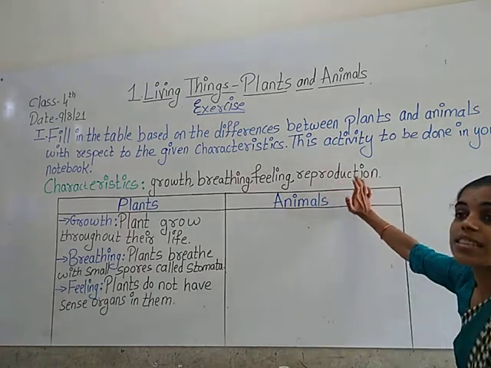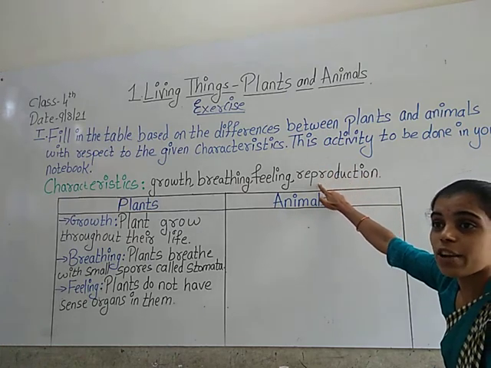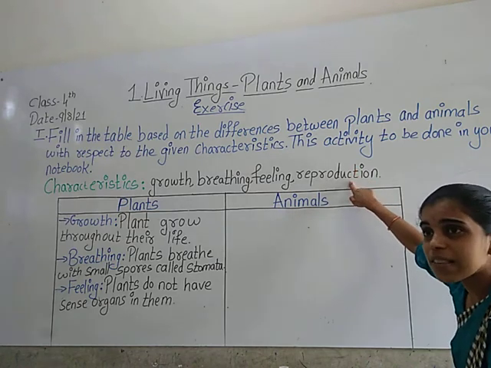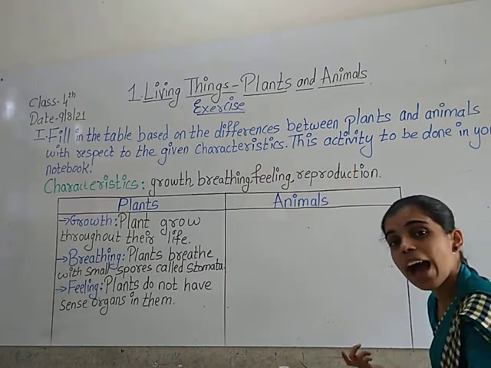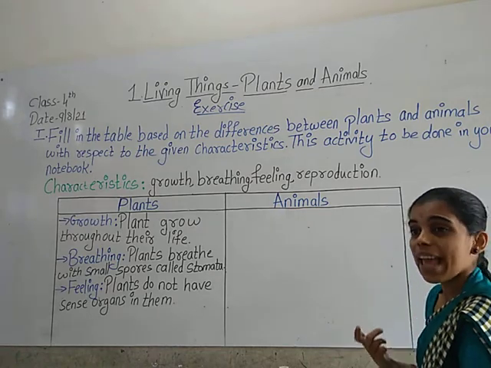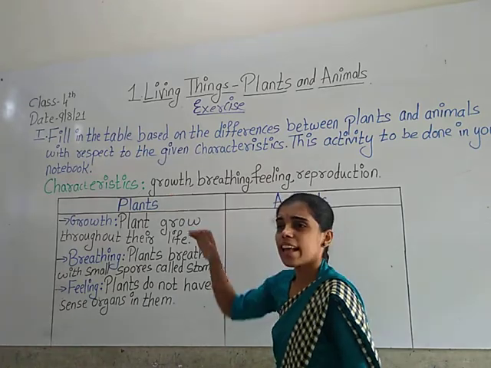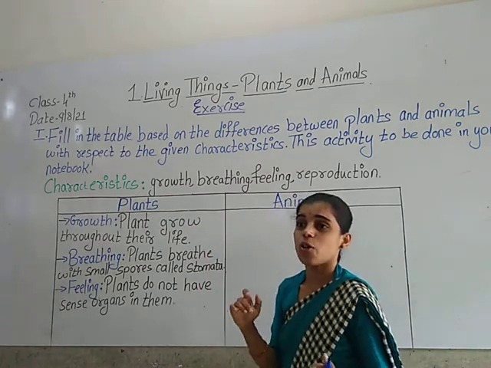Reproduction means santanotpatti, which we call the Kannada meaning of reproduction. Reproduction means giving birth to young ones or laying eggs. But the plants cannot give birth to young ones and they cannot lay eggs also.